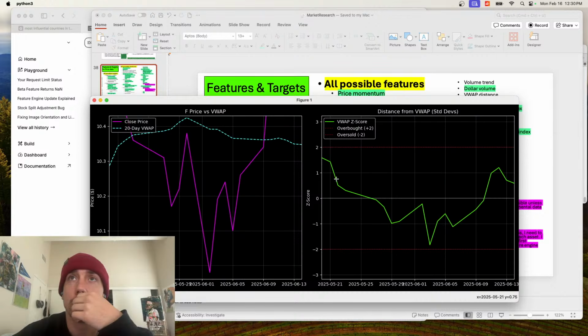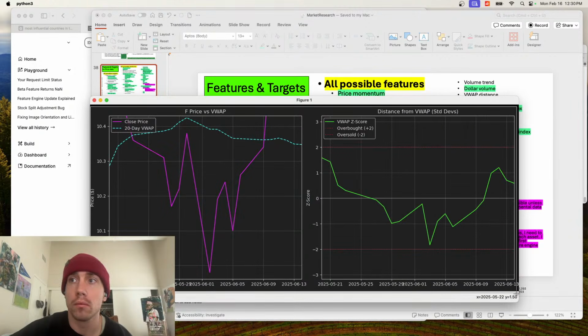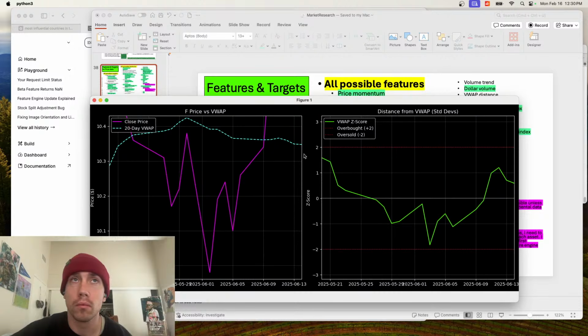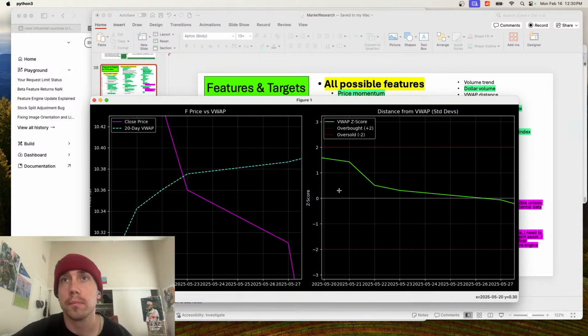Now the VWAP is still above. So this happens on the 23rd.